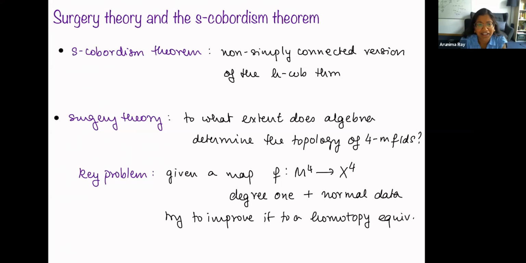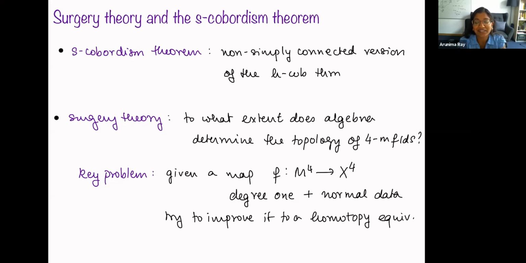Then finally, I wanted to wrap up by talking about two things that I did not really discuss very much. One thing is the s-cobordism theorem. Yes, this is a non-simply connected version of the h-cobordism theorem. That's very easy to look up, so please feel free to do so. There's also something called surgery theory. Allison mentioned this in her talk. One can spend hours talking about this, so I won't, at least not now.